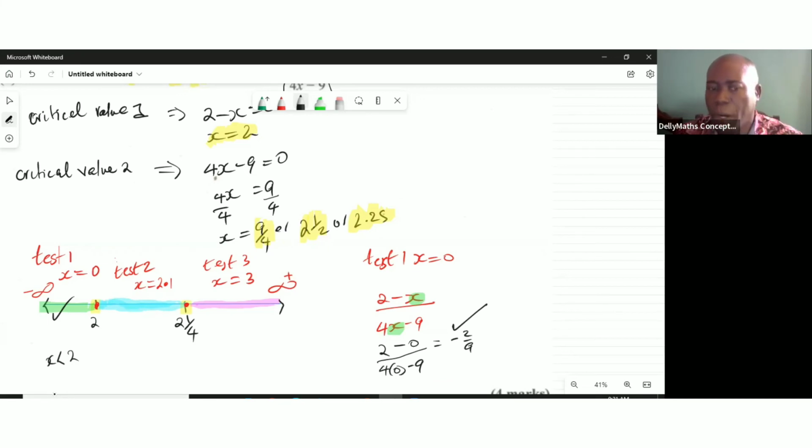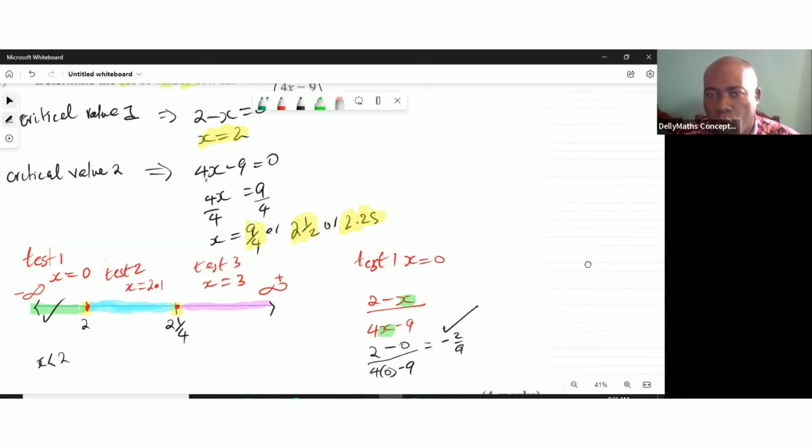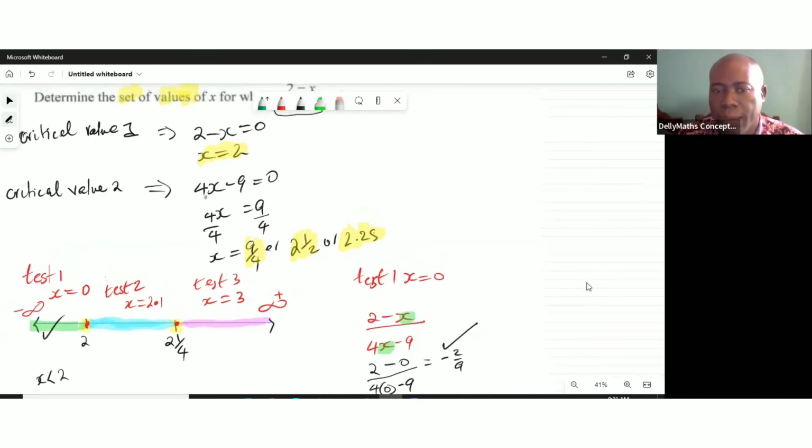Let's check a number between, so 2.1. Test number 2, where x is equal to 2.1. Let us substitute.